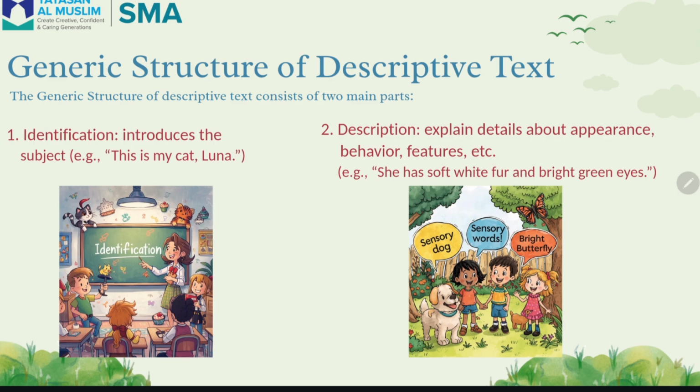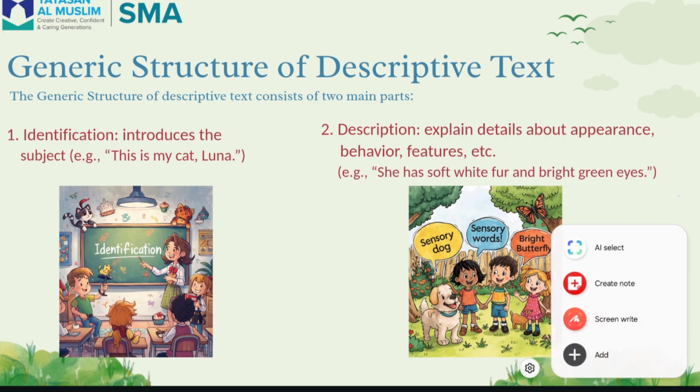After we talk about the definition of the descriptive text, we will talk about the generic structure of descriptive text. In the descriptive text, we have two parts of the structure.